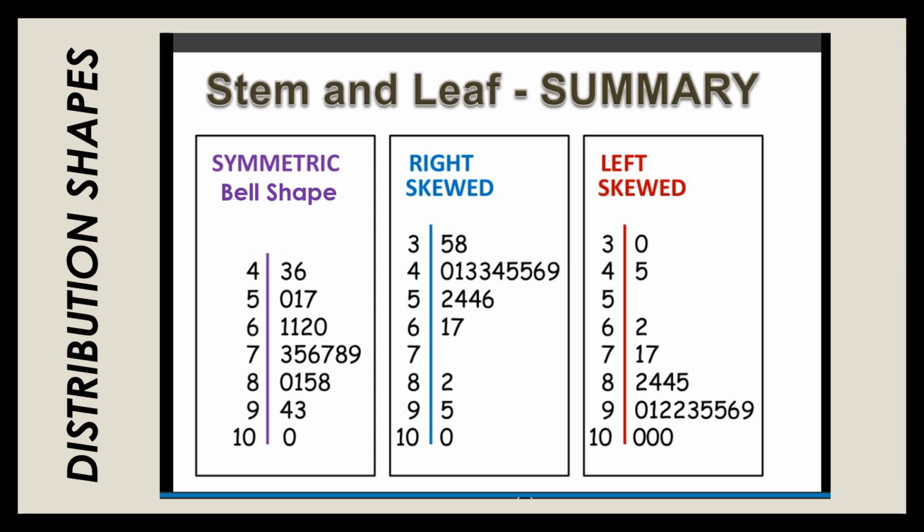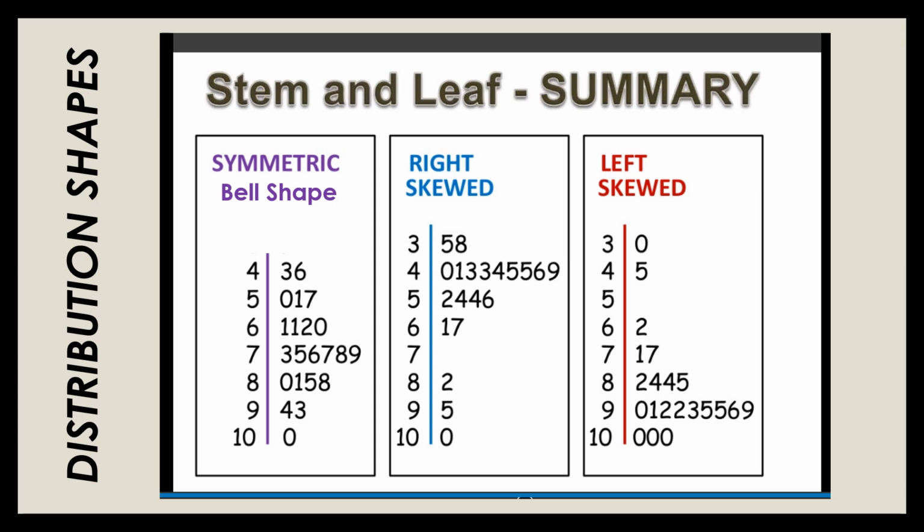Stem and leaf plot summary, just a review. We are not turning these or rotating them to the left 90 degrees. We're just going to be looking at them like this. The first one is symmetric, but more specifically, it's bell shape. The highest line is in the middle and it tapers off on both ends.